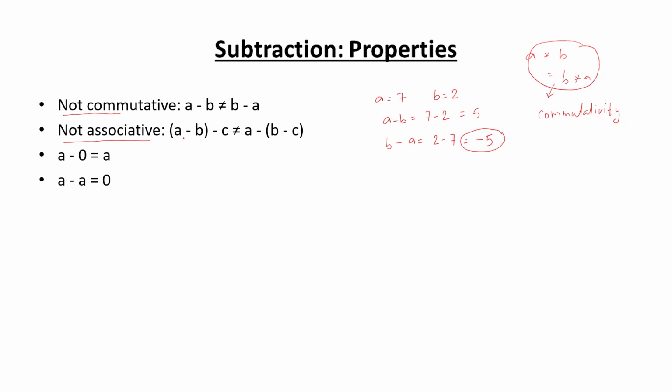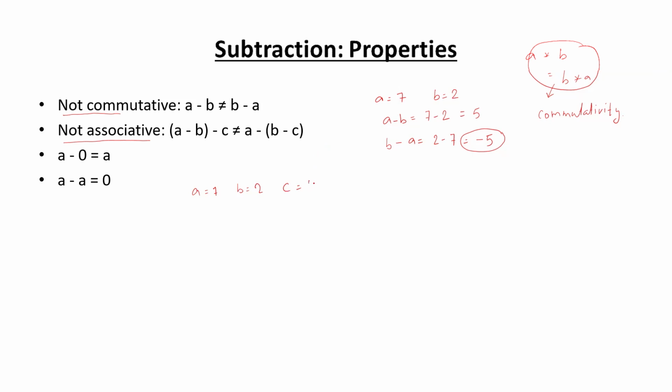So here, what does it mean? (A minus B) minus C is not equal to A minus (B minus C). Let's see whether it is true. Take A equal to 7, B equal to 2, and let me take C equal to maybe 5. Or maybe I will take 4.